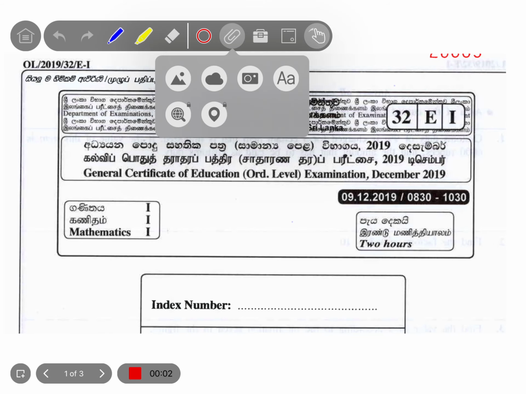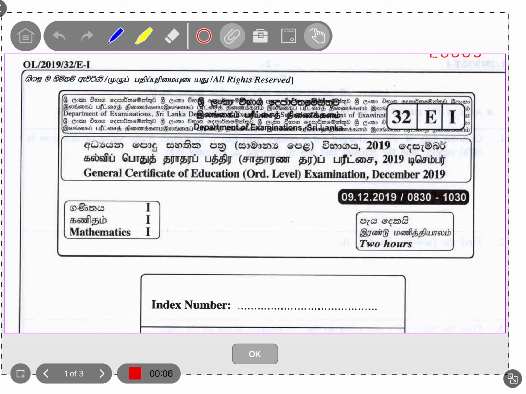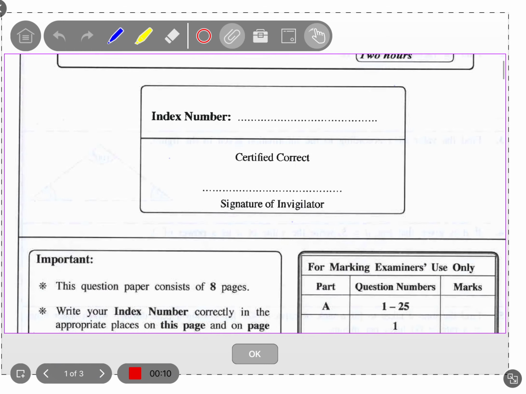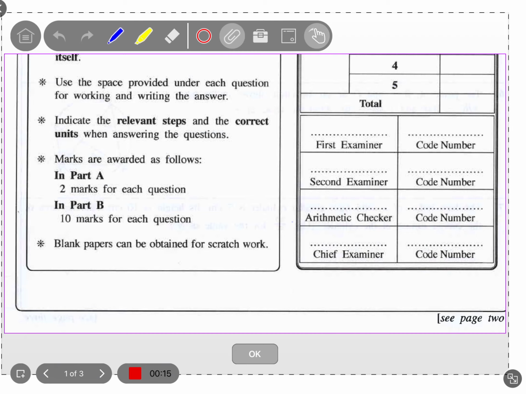Let's look into part number 1. As you can see, part 1 is a 2-hour paper, and it contains two parts within it, part A and part B. Part A contains 25 very simple questions, each carrying 2 marks, and part B contains 5 questions, each carrying 10 marks.